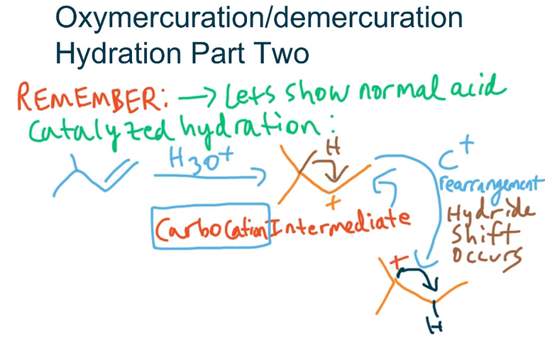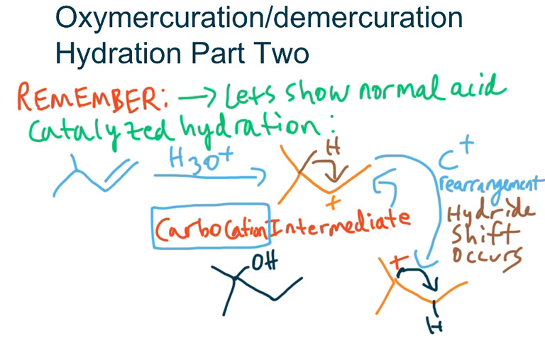And eventually we get the OH on this tertiary carbocation, so that the product would be something like this. And that's acid-catalyzed hydration. So it's good to keep in mind that here we do see carbocation rearrangements because it's acid-catalyzed hydration.